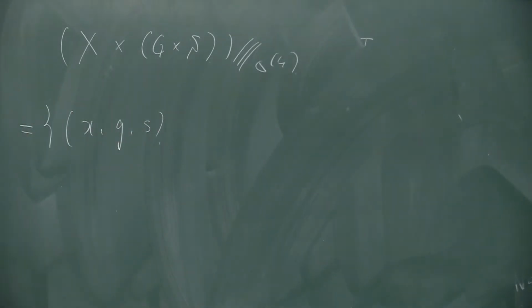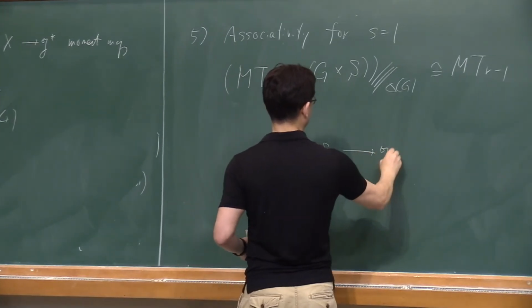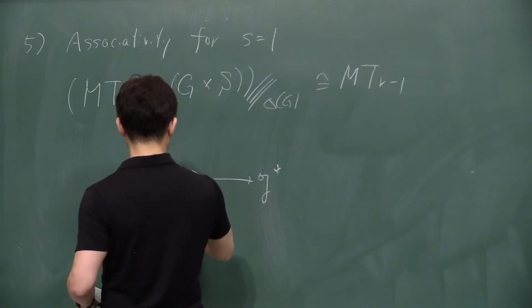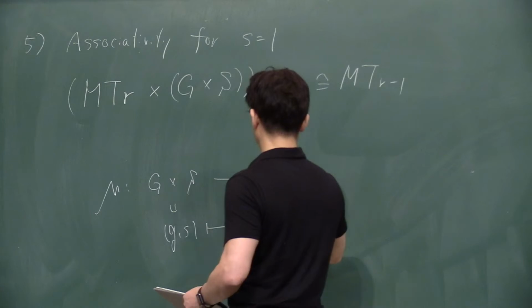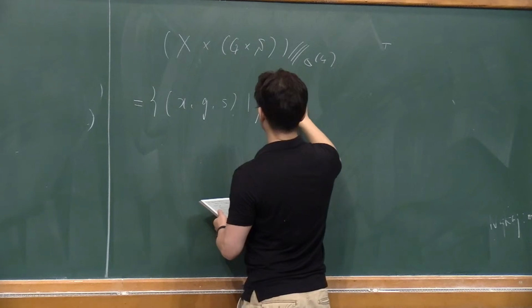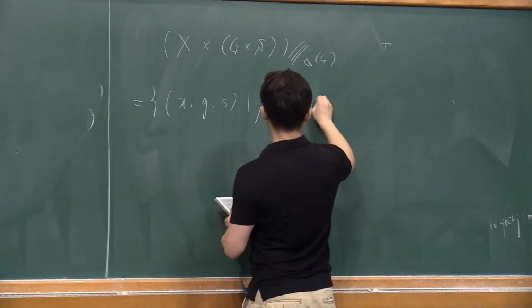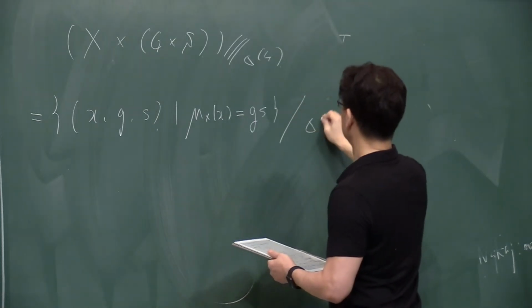The moment map for this G cross S is just the action map. So this is a moment map for G cross S. So the level set is a set of triples which satisfies this condition, and you quotient out by the action of G.